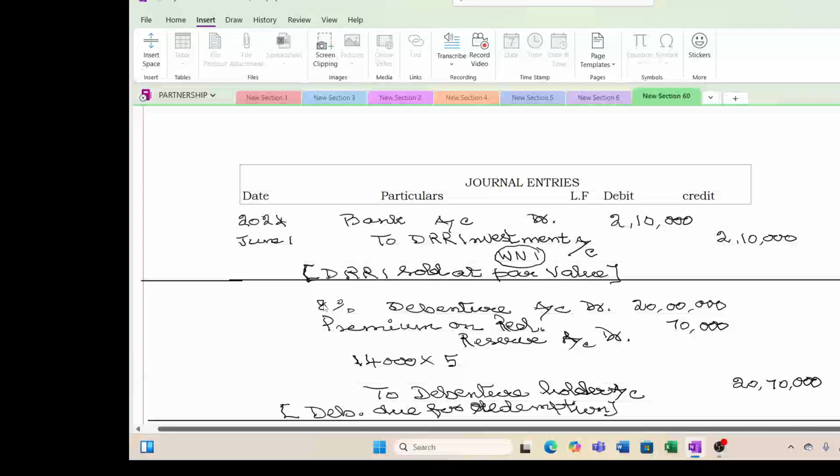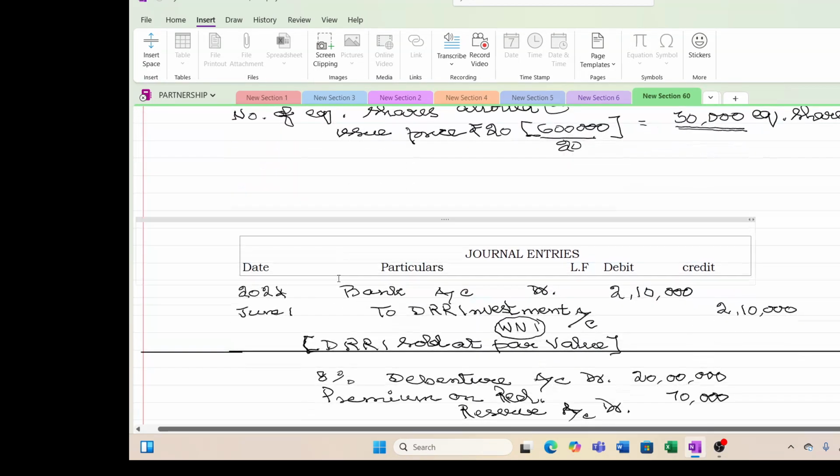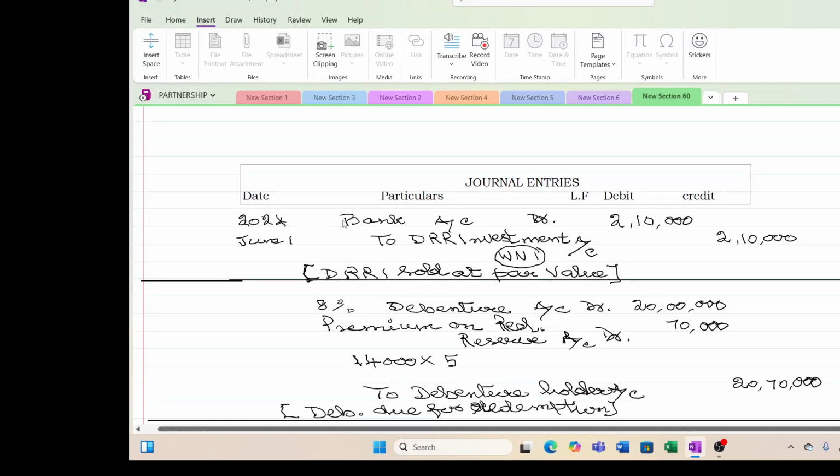So now going to the journal entry. First, they have given the journal entry for conversion and redemption of debentures, assuming that the company has already created the reserve. Now for the conversion we are also going to give a journal entry, and for the bank account, the moment the redemption is due on June 1, we are going to sell the DRR investment at par value.